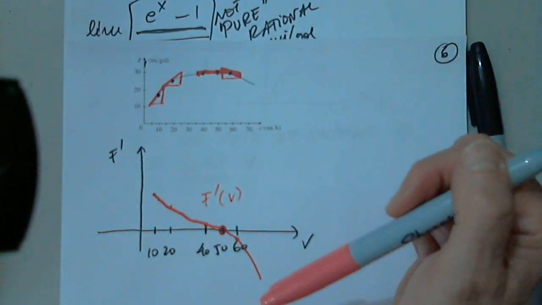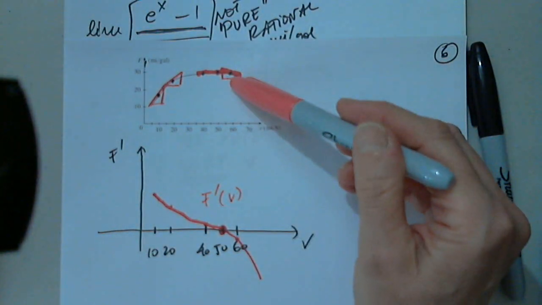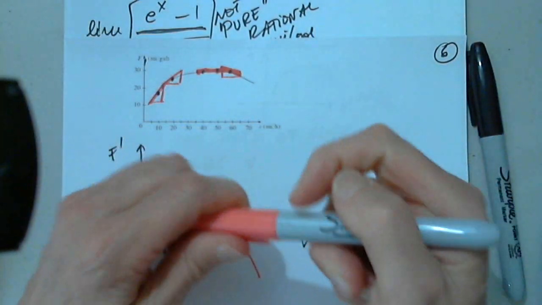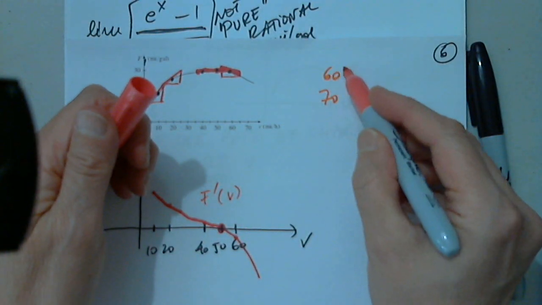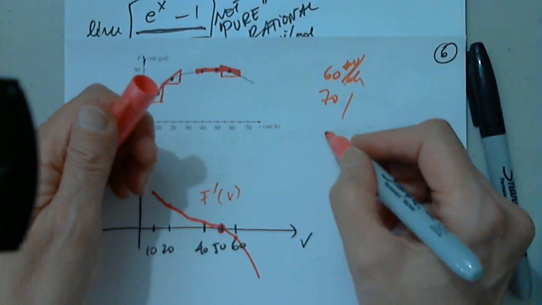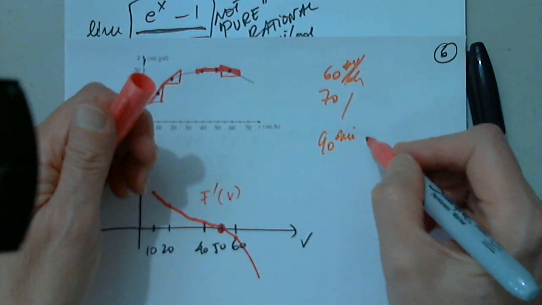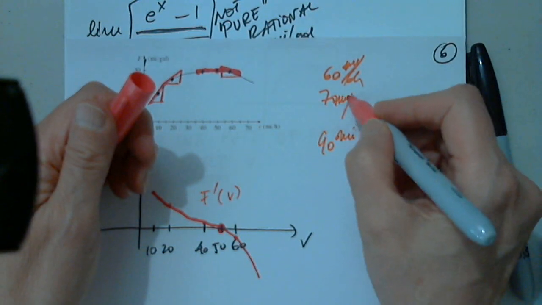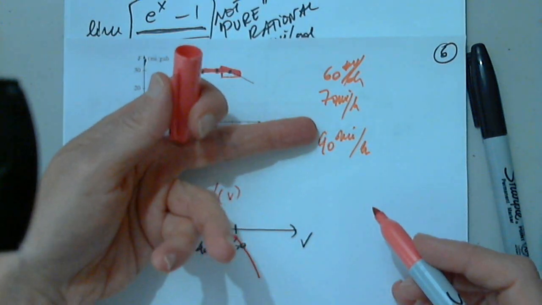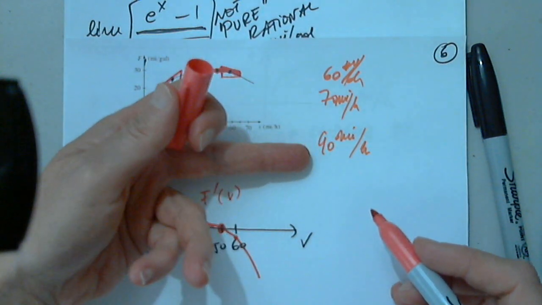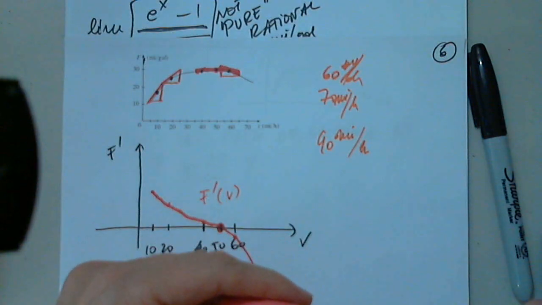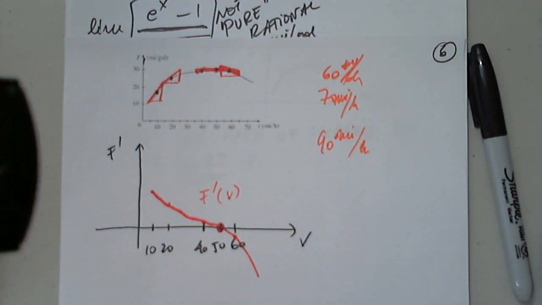You're right. But obviously at 60, we know it's absolutely true that if you drive 70 miles an hour, or 60, or 90 miles an hour, of course you're using more gas. After a certain moment in time, the higher the speed, the more gallons of gas you use.